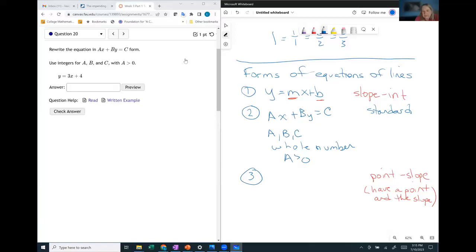The third one would be y minus y1 equals m times x minus x1. The point I know is x1, y1. Because x and y are still variables, but I do know x1 and y1. We haven't really worked with that yet, so we'll leave it alone for the moment.